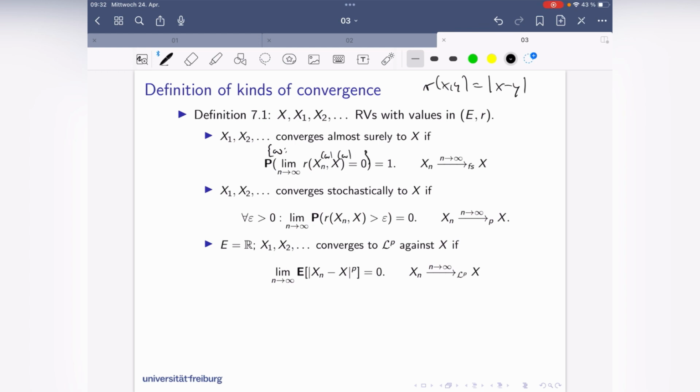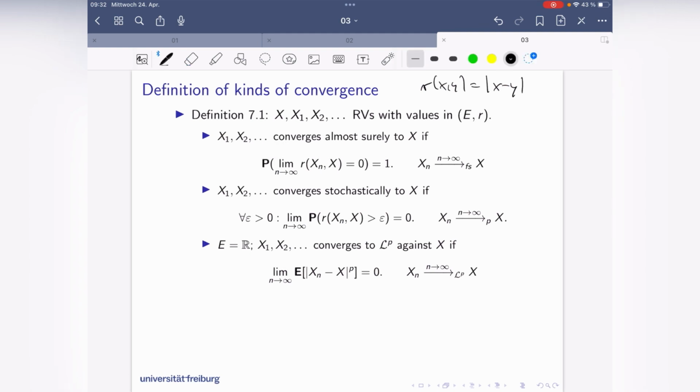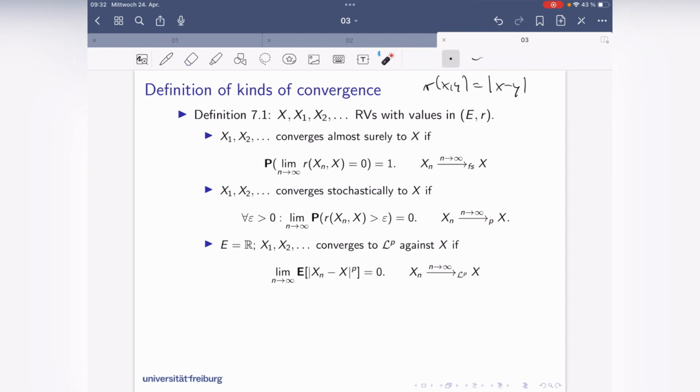That's what I have to write. But usually I never write small omegas, but that's always what you have to keep in mind, and how all this is meant. And I will also write, if this applies, that Xn goes to X, and here is an arrow with AS for almost surely, and not FS for fast sicher, from the German version.